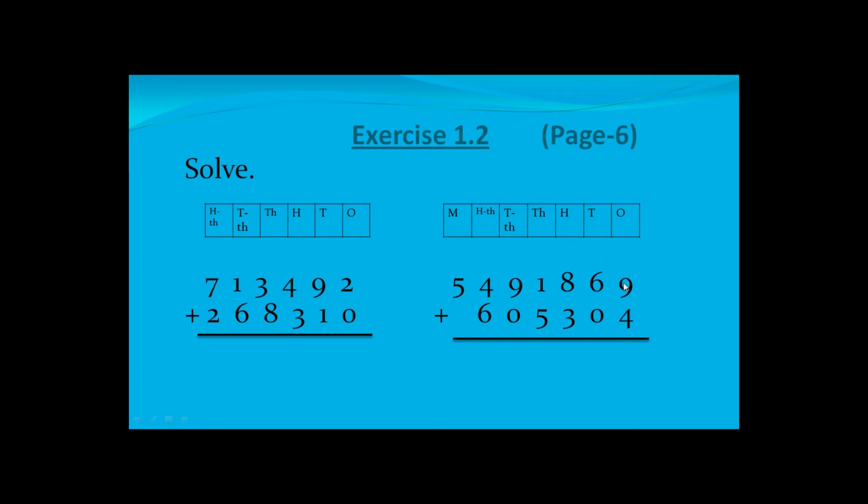So 9 should be at ones place, 6 is the second number, you can write in the tens place, then 8 on the hundreds place, 1 thousands place, 9 at 10,000s place, 4 at 100,000 place, 5 on millions. In the same way, here are 1 2 3 4 5 6 and 7.